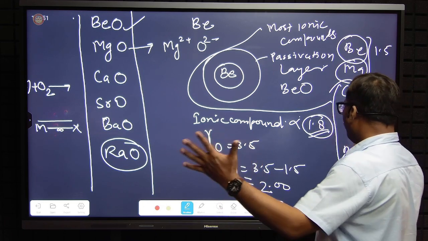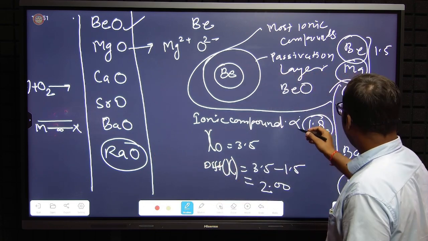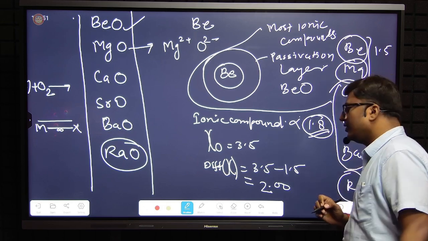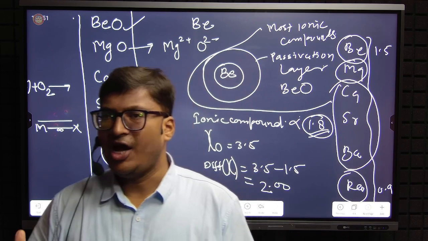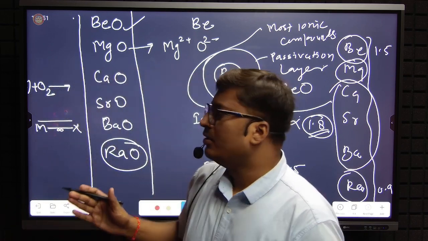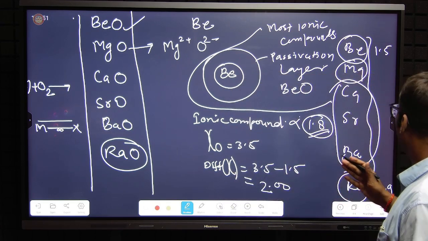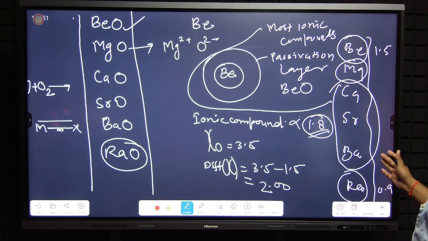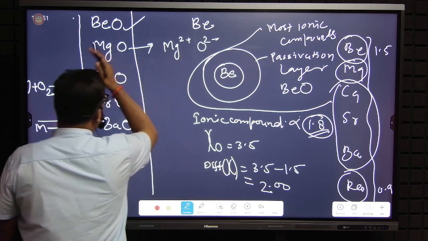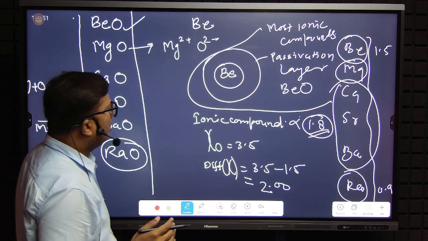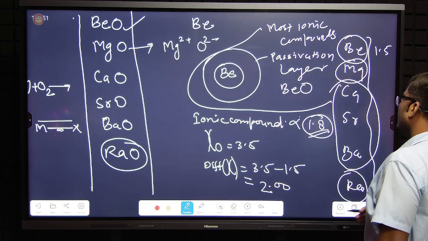So if the electronegativity difference is very small compared to 1.8, it means the compounds formed through the cations and anions are not purely ionic, rather they bear some covalent characters. So this is the behavior and reactivity of all the metals with oxygen.